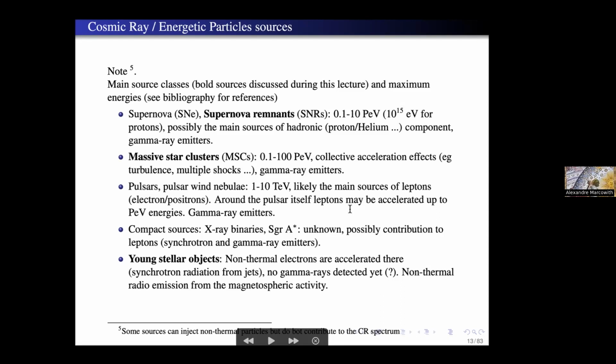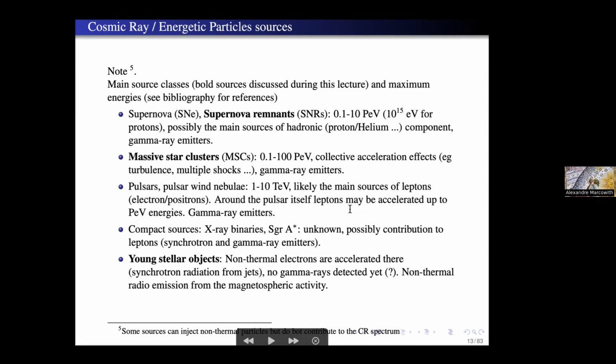Other sources may be massive star clusters, a kind of renewal of the very old model of massive stars, thanks to gamma ray observations, which I will show you. These are the sources I will discuss in this lecture.